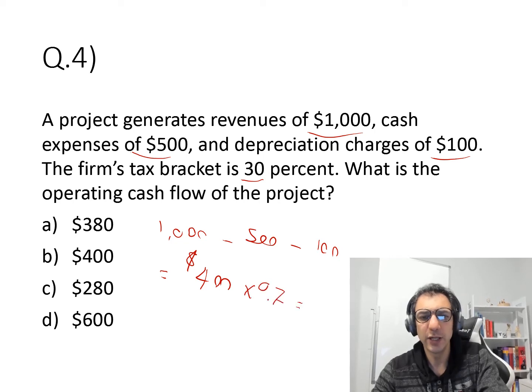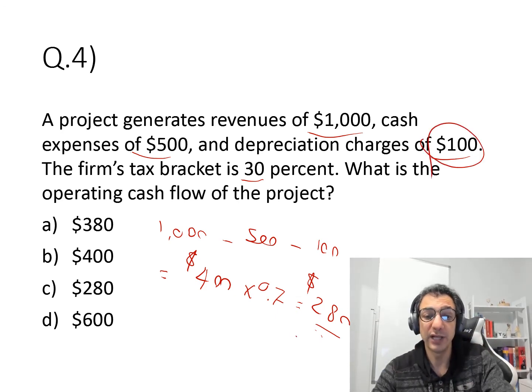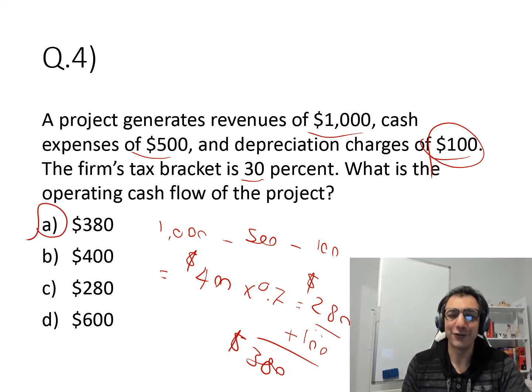So your net income here should be $280. So $280 is your net income, net profit. However, you have to add back the depreciation expense, which was $100. So if I add back 100, my total cash flow from operation should be 380, which means A is the correct answer.